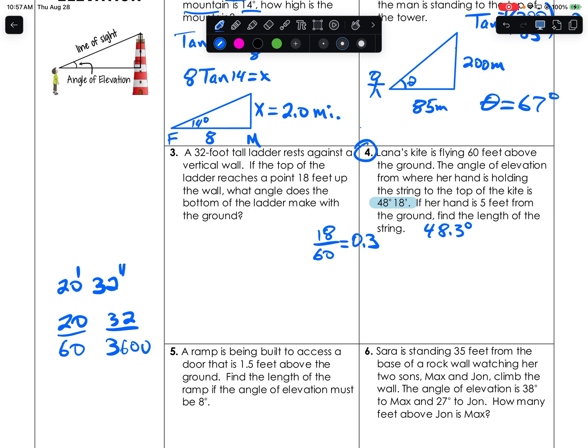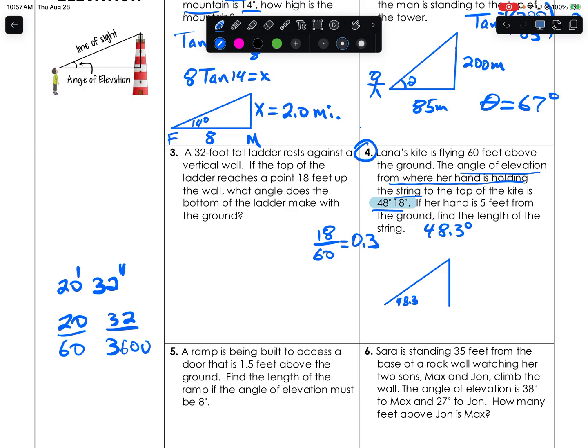All right, so Lana's flying a kite 60 feet above the ground. So there's your little line to the kite, the ground. I'm going to read the rest of the problem though. The angle of elevation from where her hand is holding the string to the top of the kite is 48. So 48.3 goes right there.